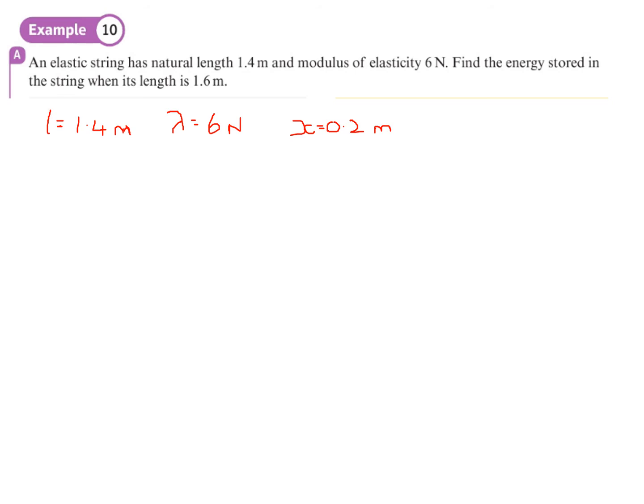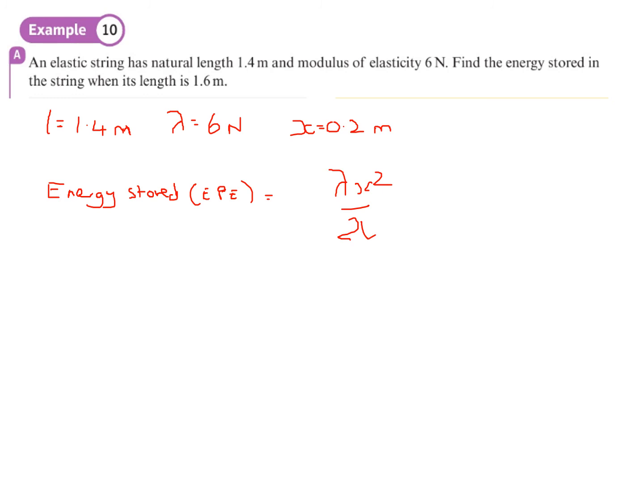So the energy stored, in other words the elastic potential energy, uses the formula which we've just looked at: lambda x squared over 2L.